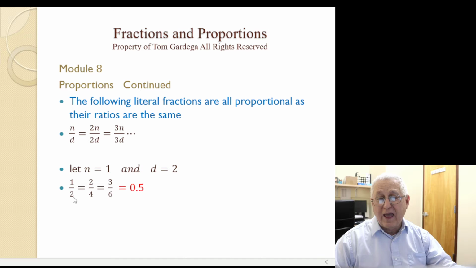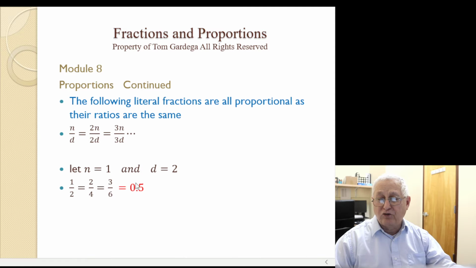Then we have 1/2, n over d, equals 2/4, which is 2 times n, 2 times 1 equals 2, 2 times 2 equals 4. We have 3n, 3d, so 3 times 1 equals 3, and 3 times 2 equals 6. 1/2 equals 2/4 equals 3/6. They're all proportional because their ratios are the same.